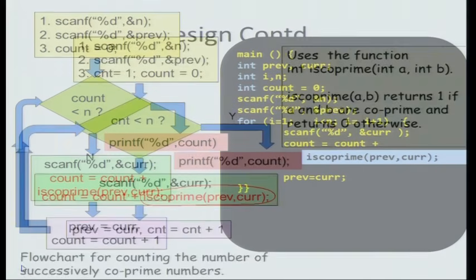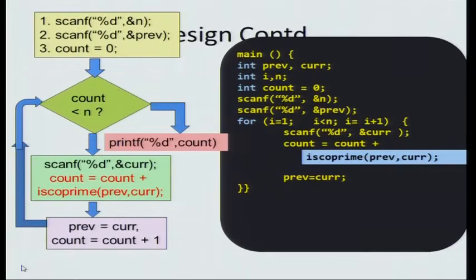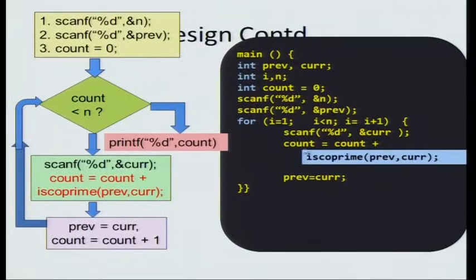Now how do you code this up? You basically code this up in C, just as you did with other functions like scanf. You just say count plus is co-prime previous current. So this is how you can encode the flowchart, including the function call, as a C program.